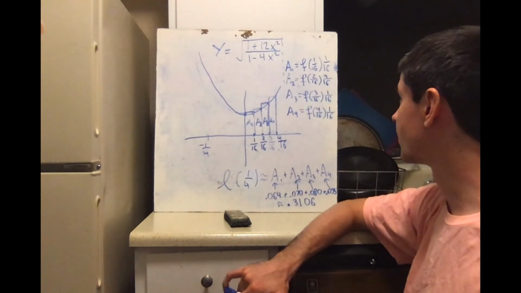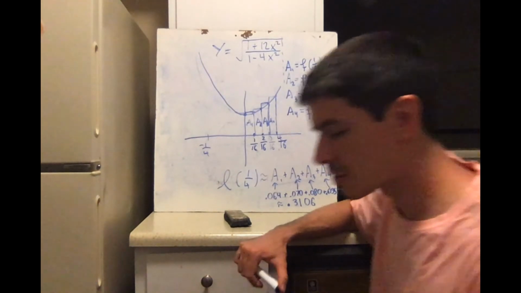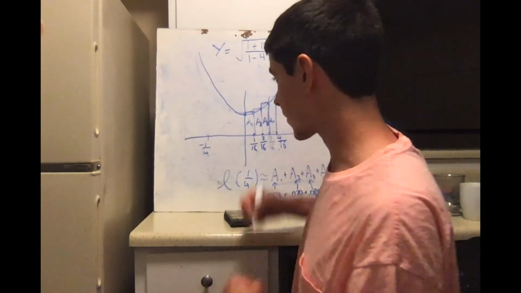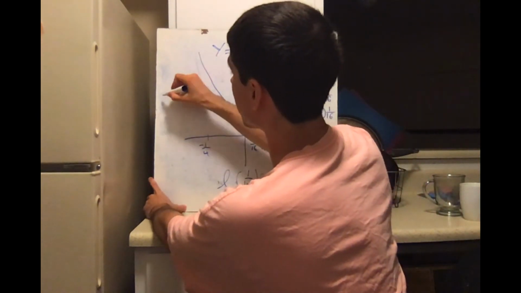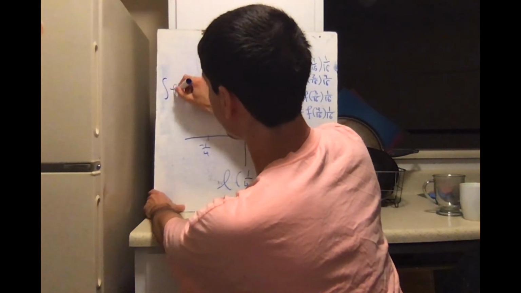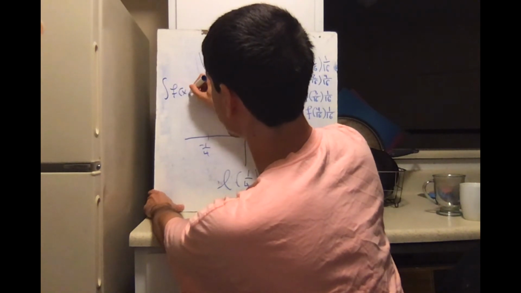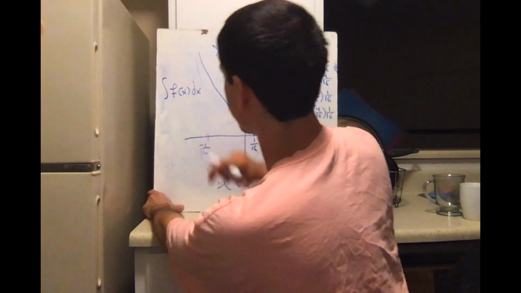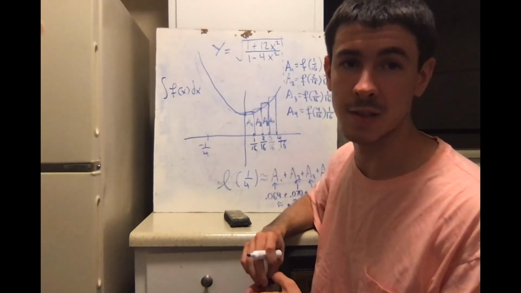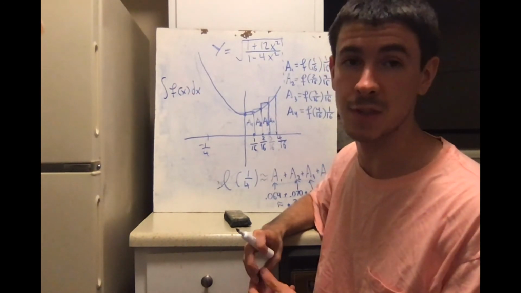So a notational piece that I'll briefly mention here is, we talk about the integral of f of x dx. And I said that the integral symbol looks kind of like an S. It looks kind of like an S, which stands for sum.